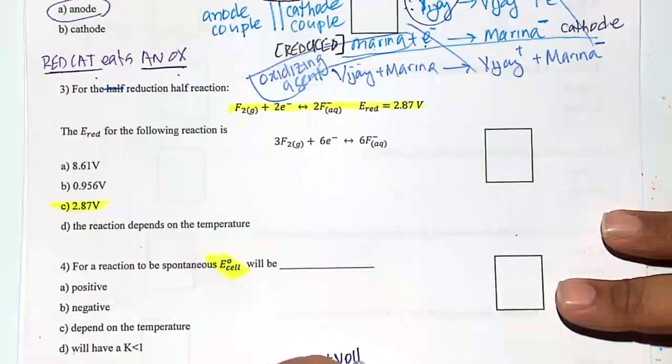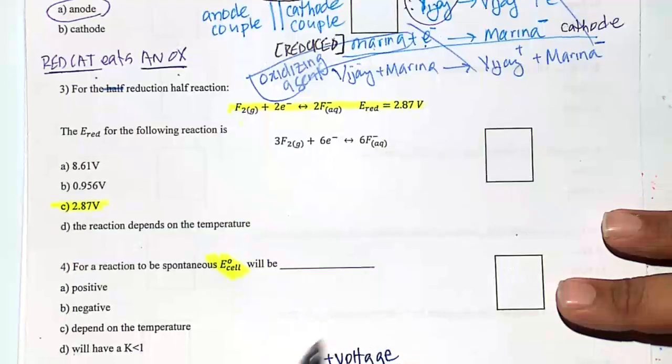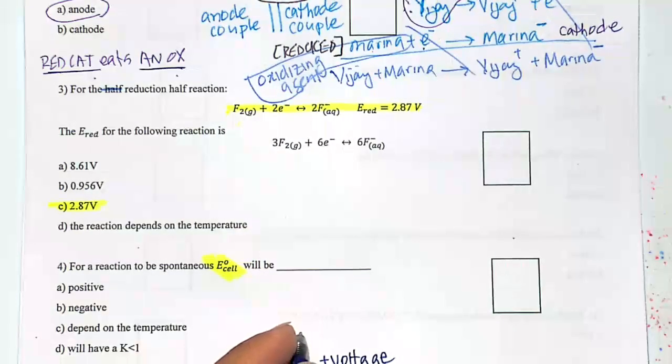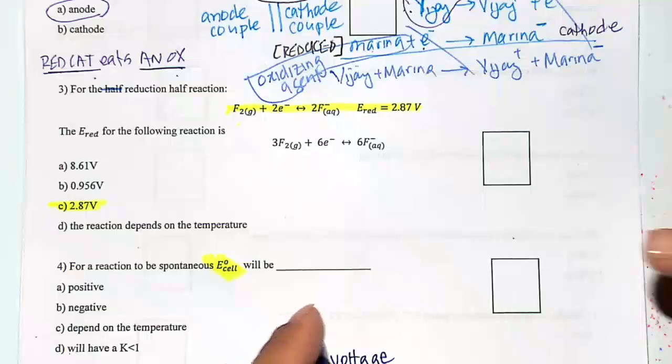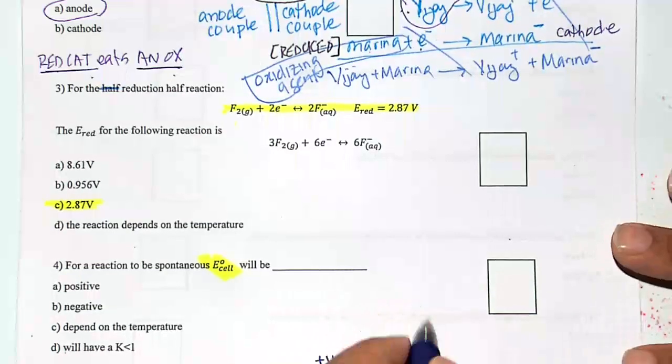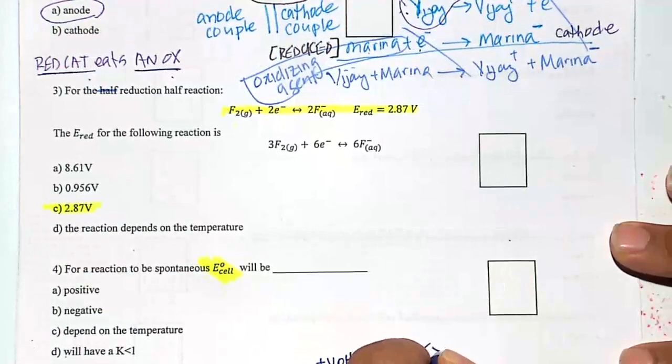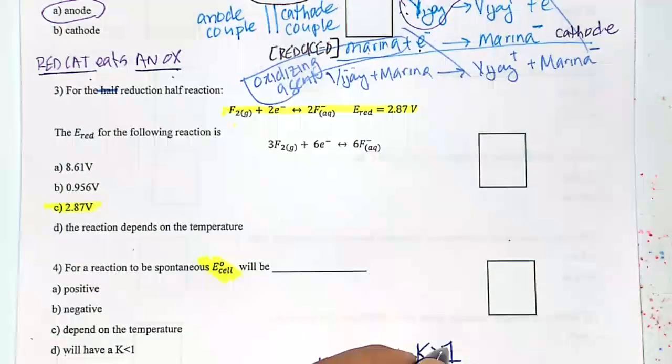For a reaction to be spontaneous, all 3 conditions must happen. One of them is that you have a positive voltage. We go to Walmart to buy 9-volt batteries, 12-volt batteries, not negative 9 volts or negative 12 volts. In terms of equilibrium, the equilibrium constant will be greater than 1.